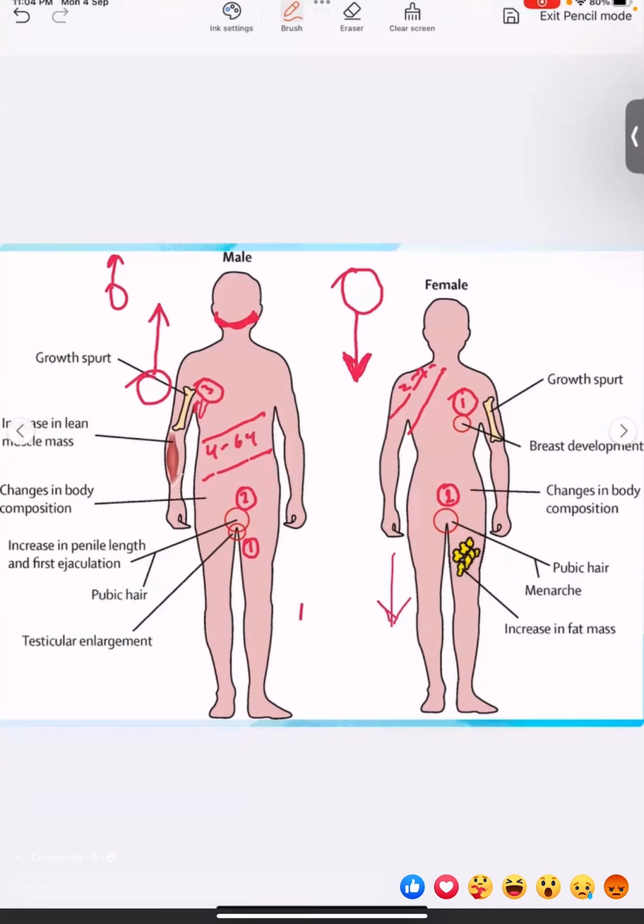Why? Because when the epiphyses grow, they unite with each other. They send signals to your pituitary to release the gonadotropin releasing hormones. That is why they say there is no increase in height after menarche or puberty. This is the bone, and this is the epiphysis. The bone is going to meet the epiphysis like this.